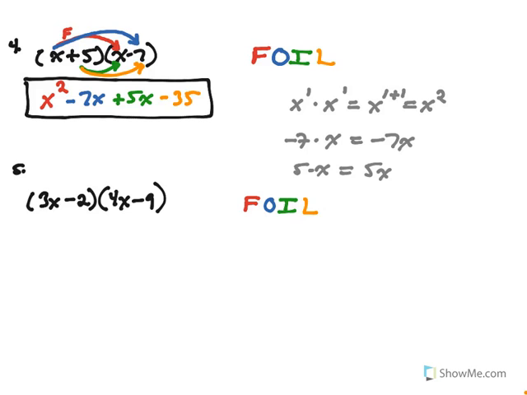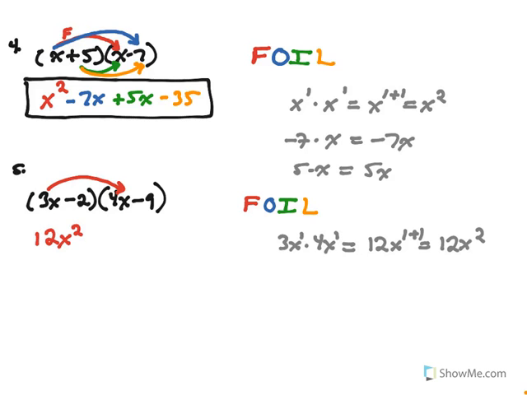The first thing I'm going to do is the first, 3x times 4x. You multiply the coefficients, 3 times 4 is 12, and then you add the exponents, x to the first plus x to the first. There are invisible ones here, so when we add them up, we get 12x squared. So that's the justification of that, 12x squared.